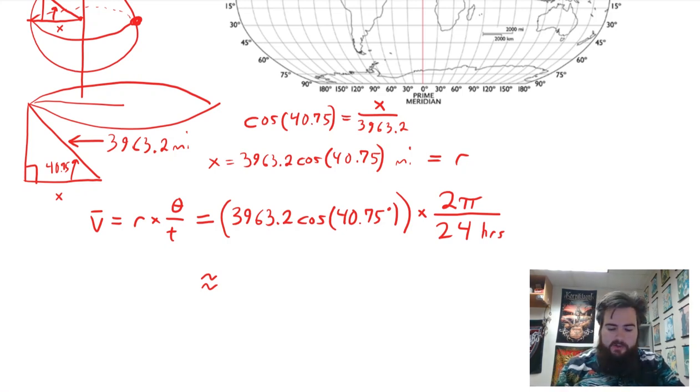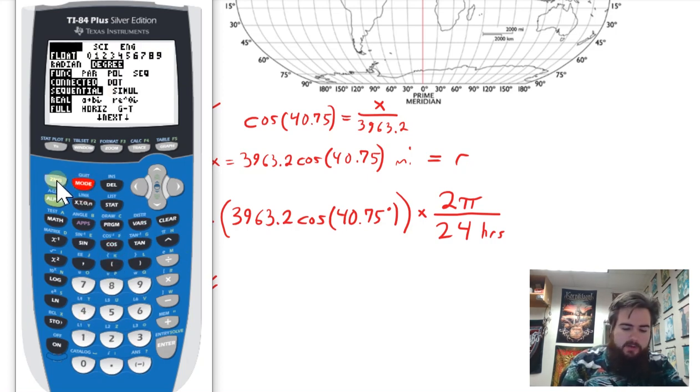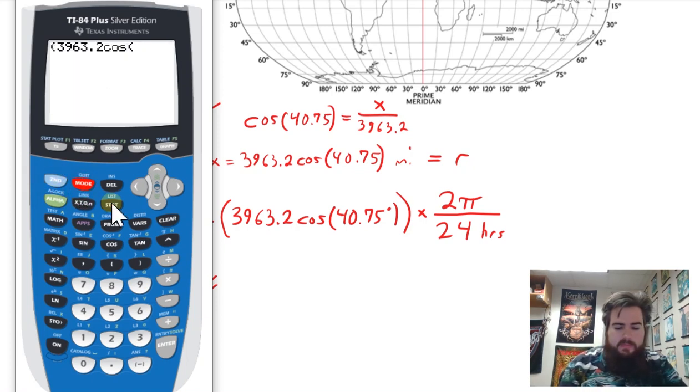So let's use a calculator to approximate that. If I take 3963.2 times cosine of 40.75 degrees, I do need to make sure I am in the correct mode. I am in degree mode.